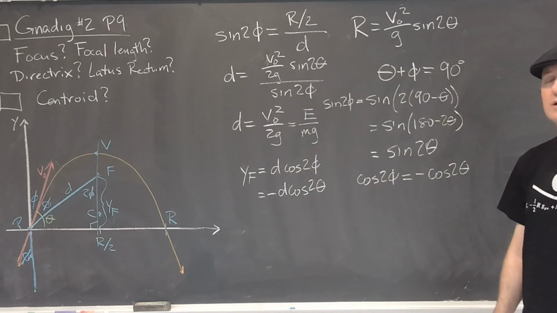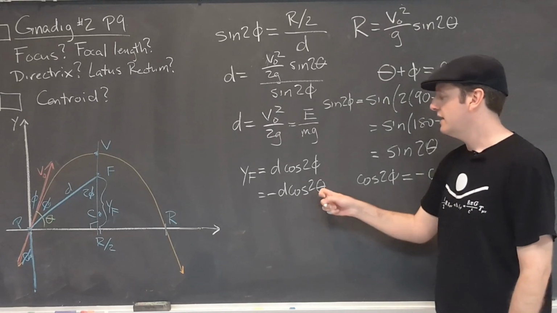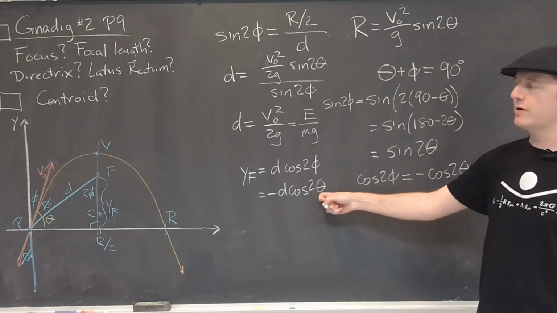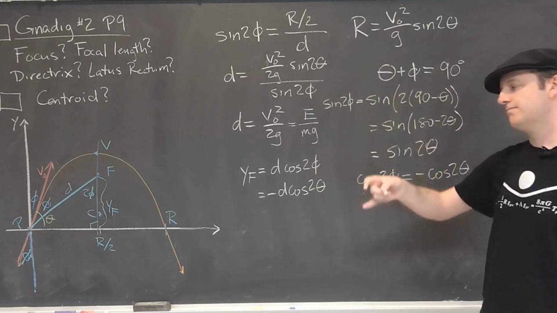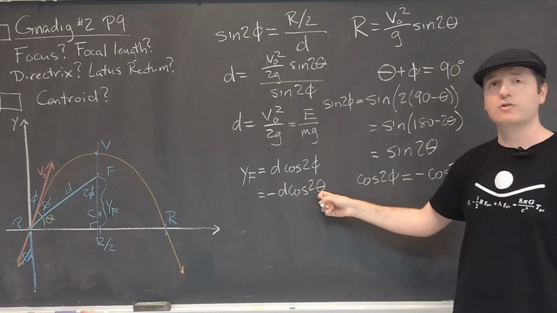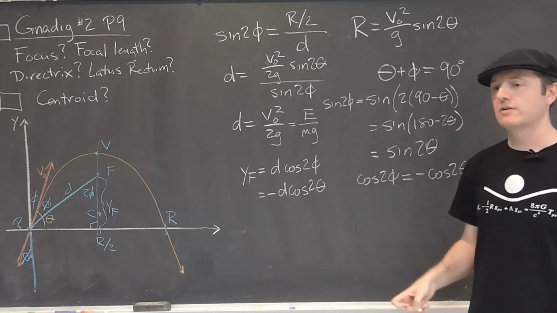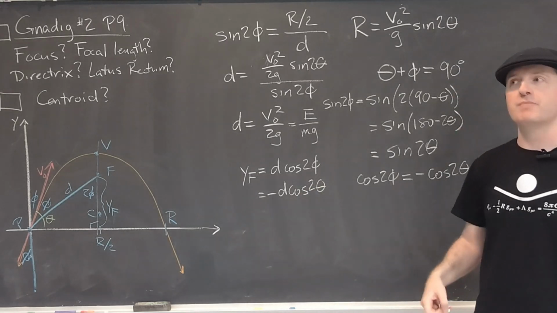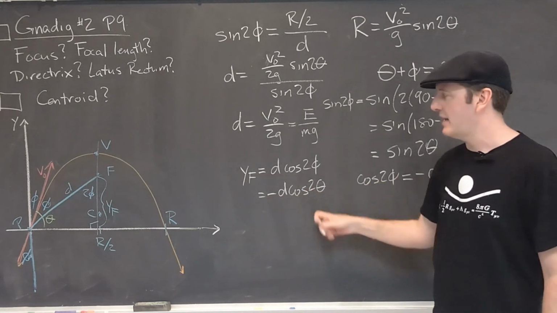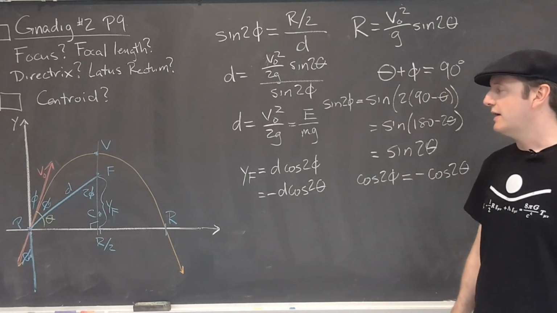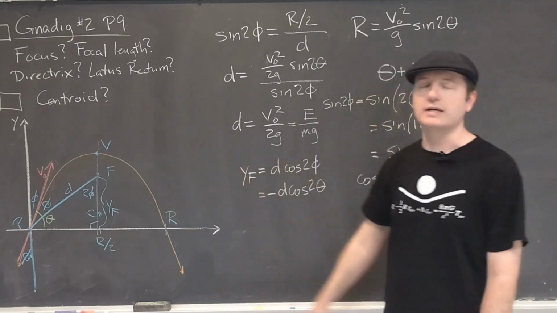Well, it will depend on your launch angle. What this is really telling us is that for launch angles that are 45 degrees or greater, or let's just say launch angles that are greater than 45 degrees, I'll end up with a cosine of an angle that is bigger than 90, meaning a negative. Negative, negative will give me positive, and you will end up with a picture like this.